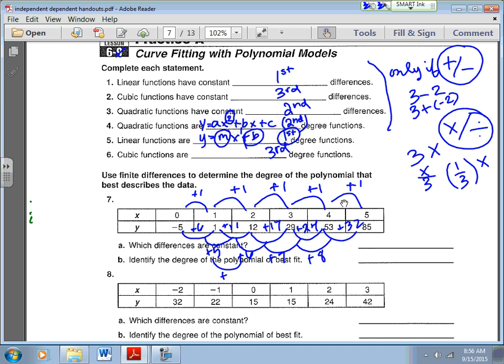That's a plus 1, plus 1, plus 1: cubic. That's a cubic function. Which differences are constant? The third differences are constant, and everybody see this is where the differences are right there. Identify the degree of the polynomial. It's a third degree.